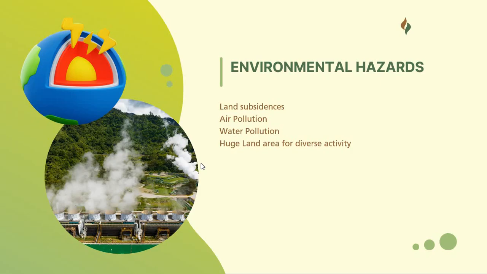The used geothermal water can cause soil erosion, leaching of soil nutrients, etc. However, if the used geothermal water is re-injected into the geothermal system, then the possibility of soil erosion or water pollution is removed. Fourth point, setup for utilization of geothermal energy requires a huge land area for diverse activity.